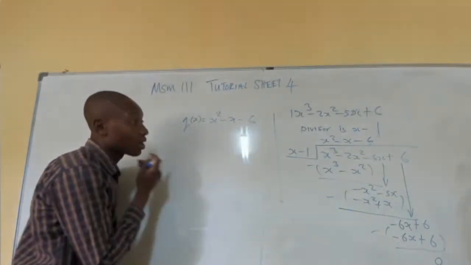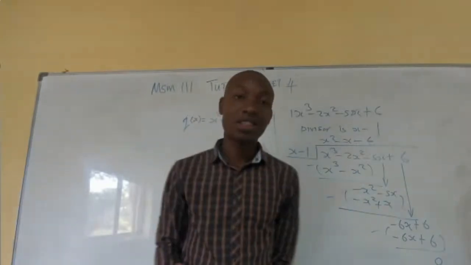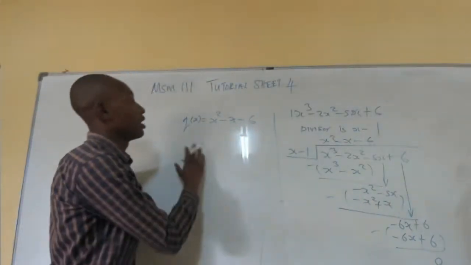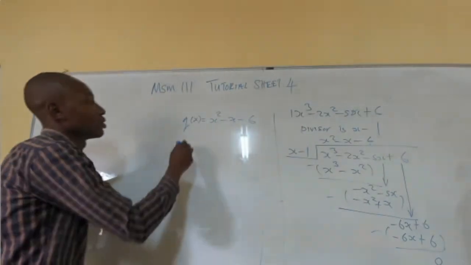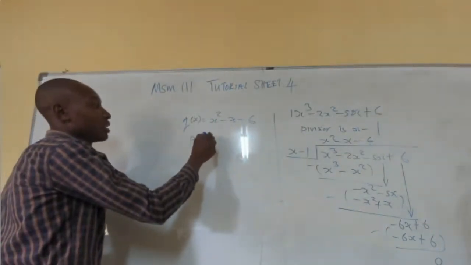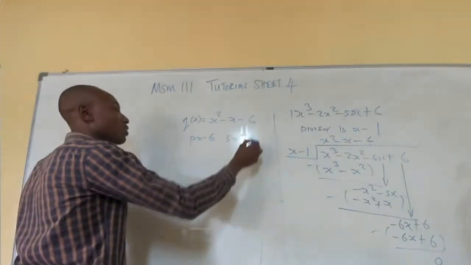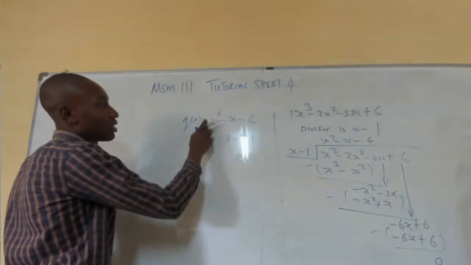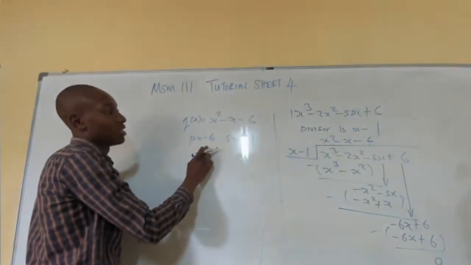To deal with it, we're going to factorize it using the factorization method. So in this case, what is the product, sum and the factors? Our product is negative 6. We multiply the leading coefficient by the constant, which gives negative 6.